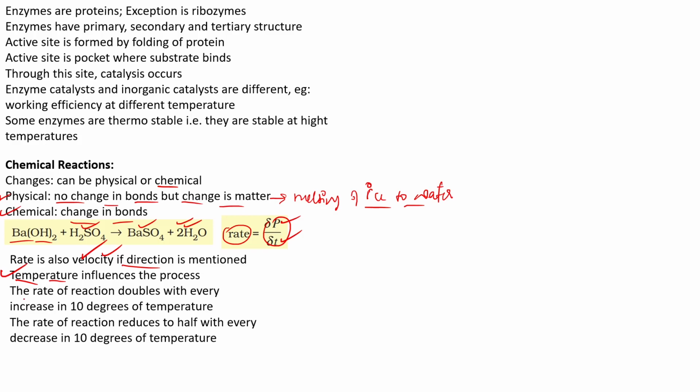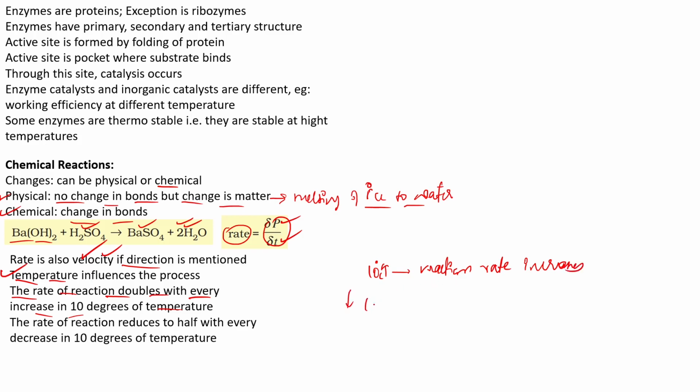And we have mentioned it over here that the rate of reaction can double with every 10-degree increase in the temperature. So if I increase the temperature by around 10 degrees Celsius, the reaction rate increases.